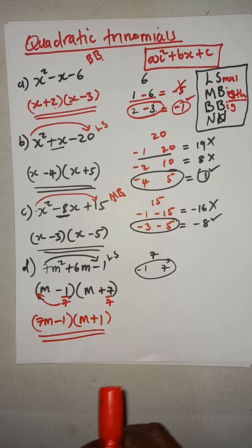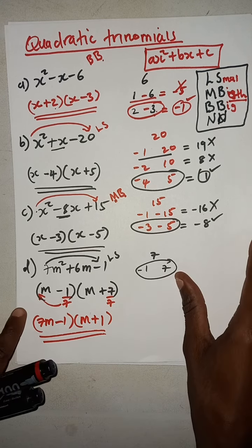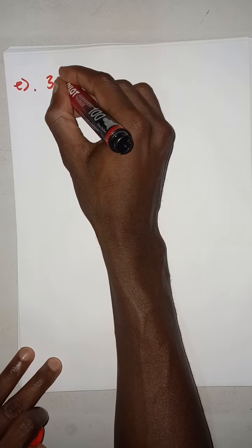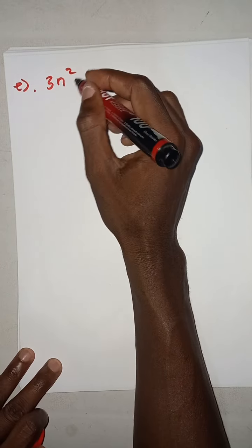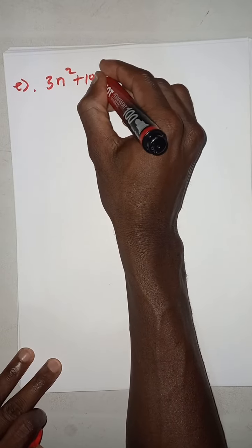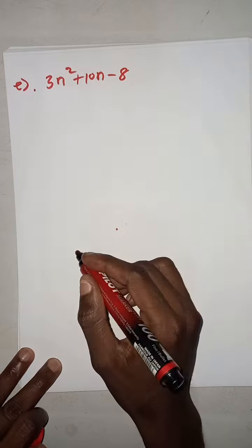Well, what if I'm also having this second last one? If I have, for example, letter E, so if I have 3n squared plus 10n minus 8.